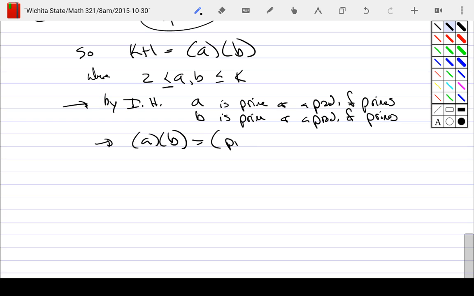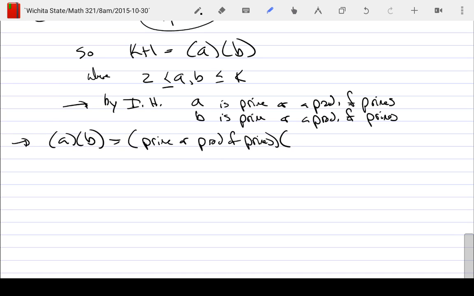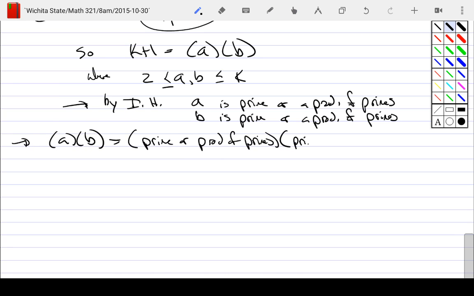A times B is equal to prime or product of primes times, let's move this entire thing over, prime or product of primes. Obviously, this is a product of primes.